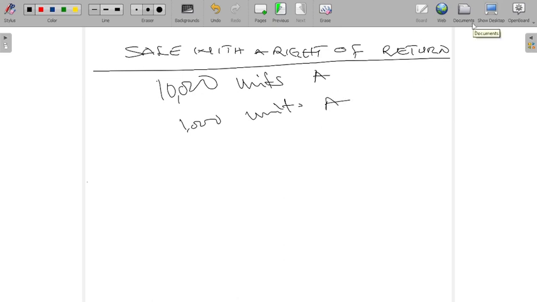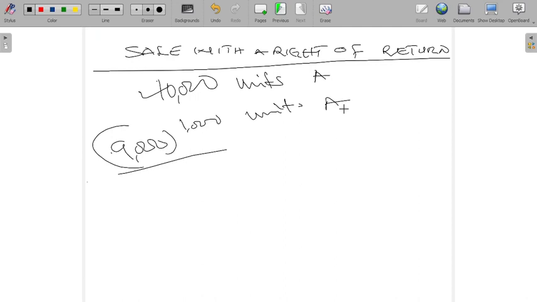The customer is going to return 1,000 units of this product, so you are not expected to recognize the 10,000 as revenue. You can only recognize 9,000 as your revenue because you are expecting 1,000 to be returned by the customer.